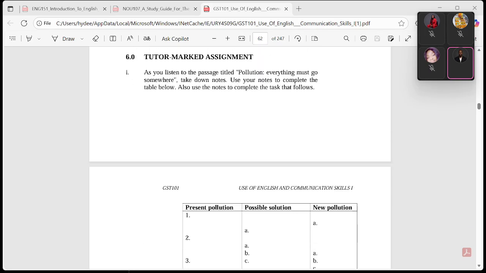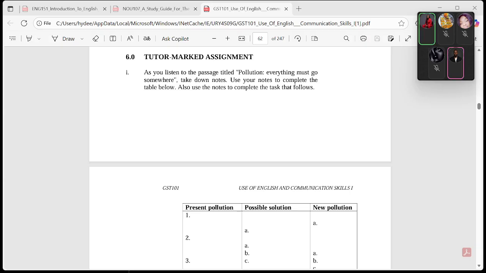Everything must go somewhere. All right, so yes, let's check the key points. What are the key points from this before I give you that? Oh, I'm not even going to drop it. Oh, yes. You know what? I'm going to create it now. Man, Pearl, you didn't remind me. Sir, what's that, sir? I said I was going to create your classroom.